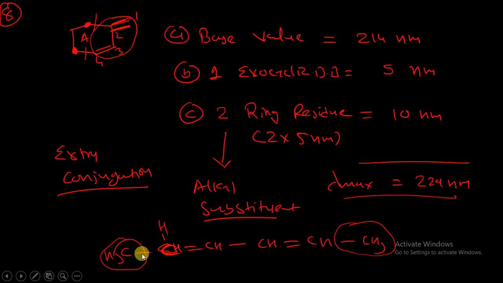Now let us understand one more example for the homoannular or heteroannular diene system. Let us take one typical example. I am writing the ring over here. Here I have a double bond, and there is one more ring over here.